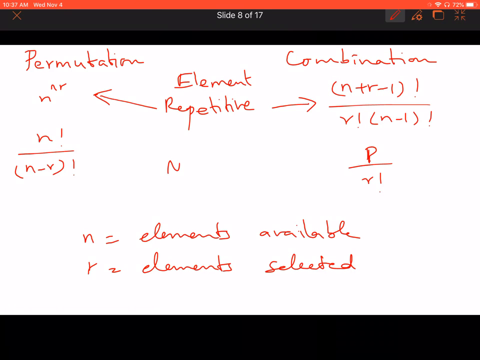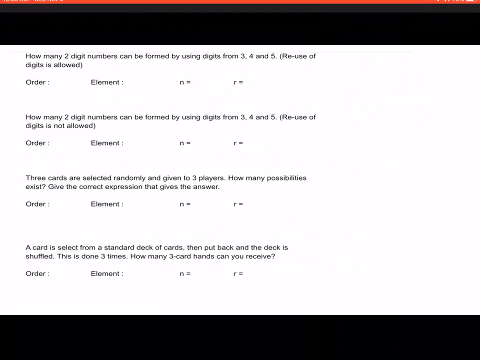Okay, when it is non-repetitive, we are going to use these formulas. So what are the situations where the repetitiveness of elements matters in finding the outcomes? Okay, we are going to see with some examples.